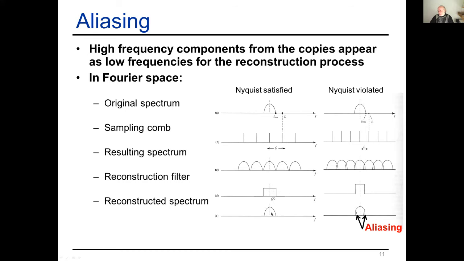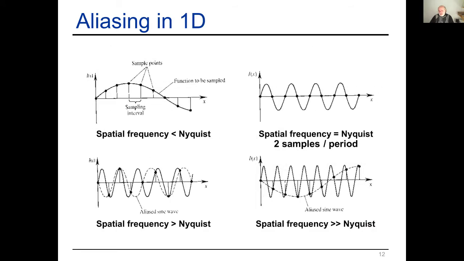I can cut out everything except for this one original copy and reconstruct the function perfectly. If that Nyquist limit is violated, so I'm not sampling with twice the highest frequency, then those frequency bands overlap. Everything is broken at this point. I cannot reconstruct the original function. And these overlapping areas are what cause the aliasing artifact. So here's another way of looking at aliasing.